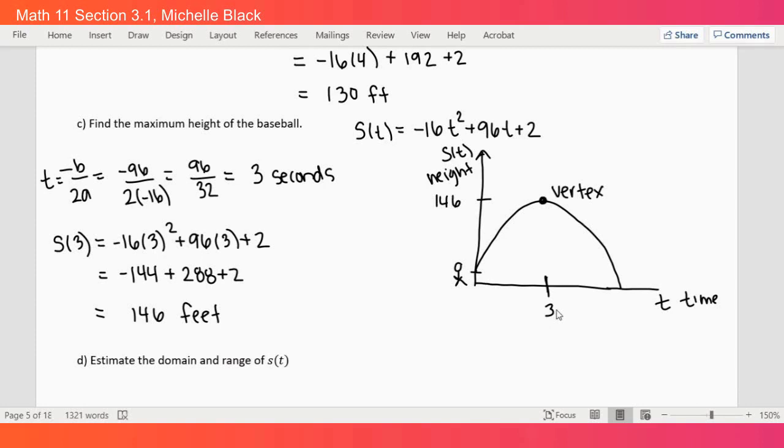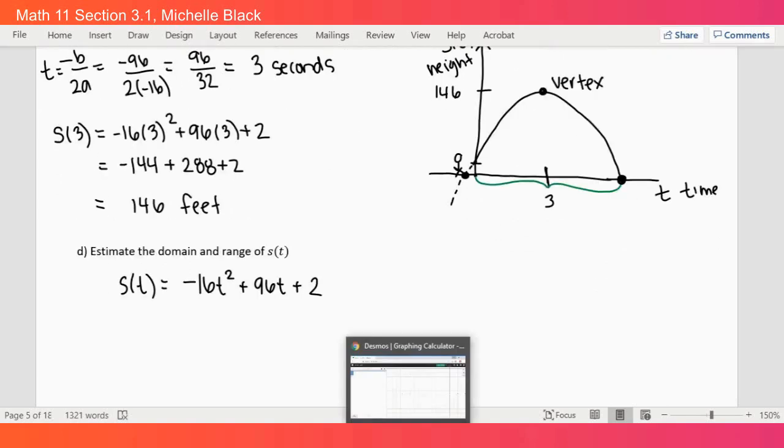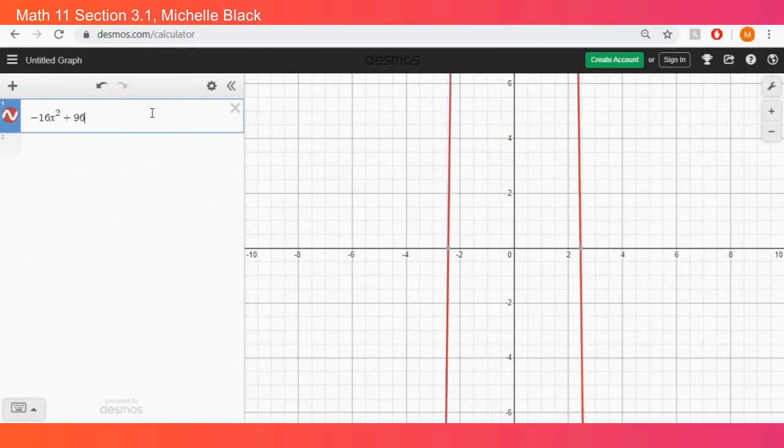Now we're asked to estimate the domain and the range. So I just drew a really quick sketch over here of what the graph might look like, but we could try to graph this. I'm going to utilize a website called Desmos. All right, so we have negative 16 x squared. I'm just going to use x because we most commonly use x and y, plus 96x plus 2.